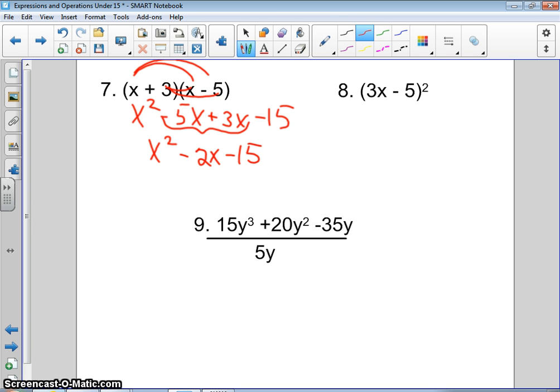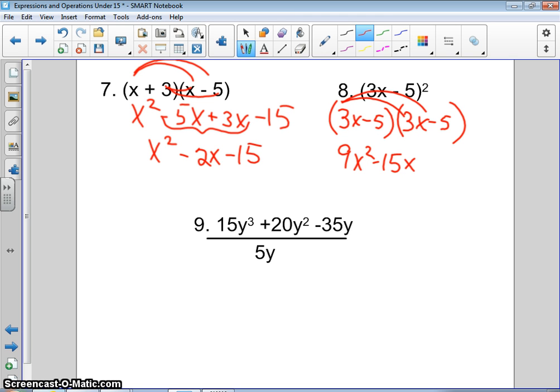For the next one, we've got 3x minus 5 squared. Well, when you square something, that just means you're multiplying it by itself. So this one is going to be 3x minus 5 times 3x minus 5. So we're going to work it out. 3x times 3x is 9x squared. 3x times negative 5 is going to be minus 15x.